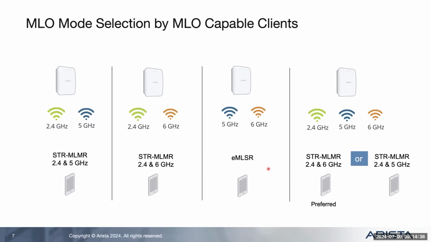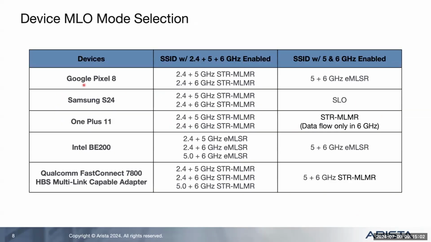Mostly on 5 and 6, because of in-device coexistence interference, some of these clients were not efficiently doing STR MLMR, whereas they might have decided to do EMLSR in that case. We have tabled the results across all the popular clients. We can go over each of these clients in sequence and detail to understand what we have seen in our validation.